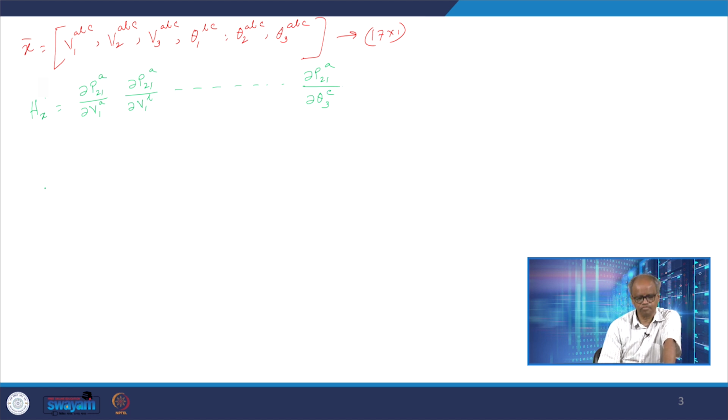Second row, let's say, corresponds to Q21A.